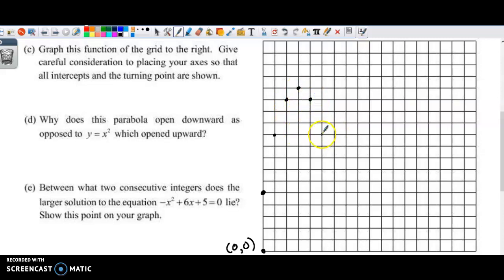I know this because I've played with this a little bit, so I guess I'm already doing part C without thinking about it, but I think sometimes part C might help you understand part A. Again, I want you to get used to that word vertex, which was at (3, 14), if I remember correctly.